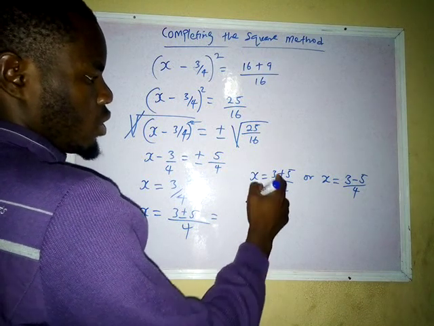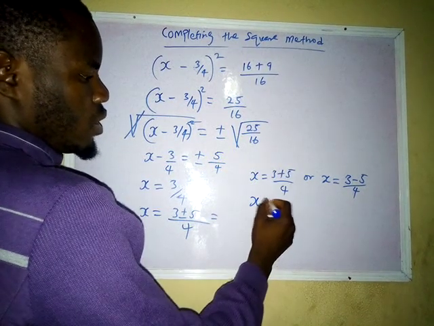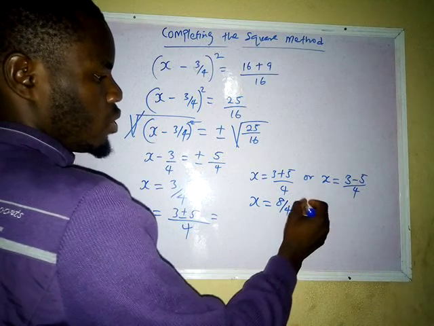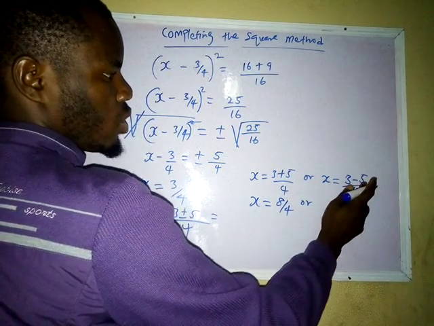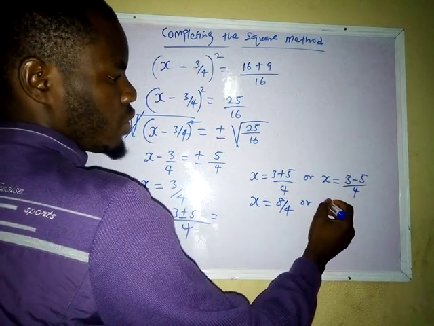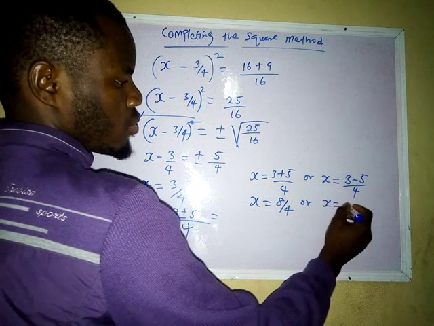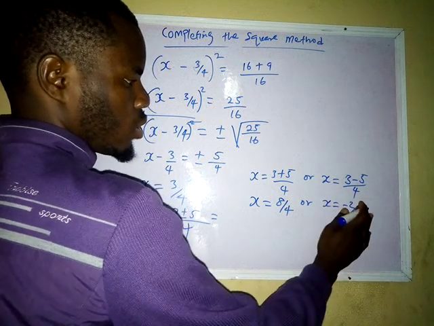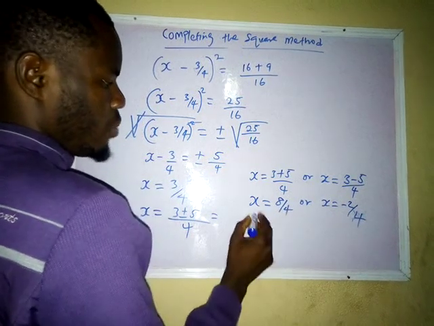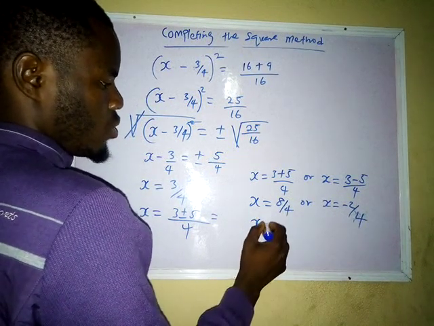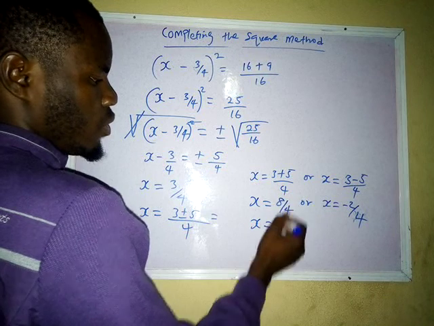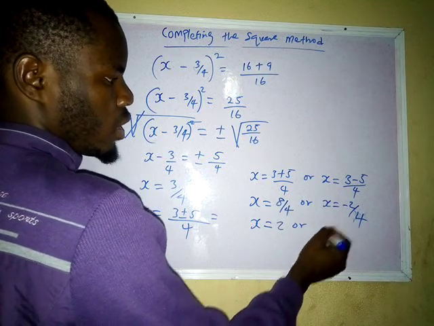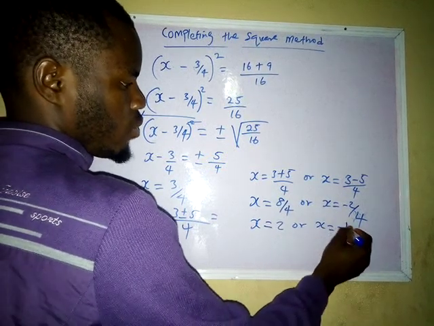So 3 plus 5 is 8, 8 all over 4, and 3 minus 5 is minus 2, so x is equal to minus 2 all over 4. So from here, 8 divided by 4 is 2, and here x is equal to negative 1 over 2.